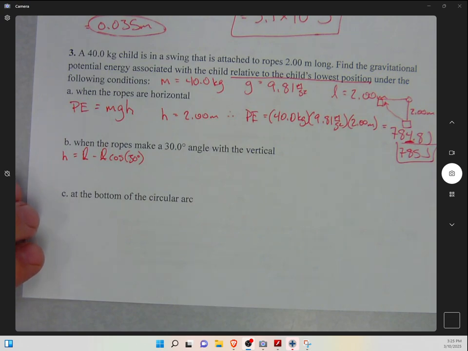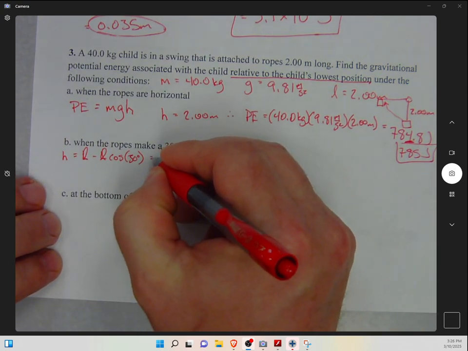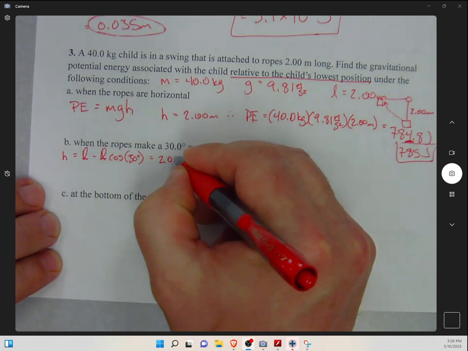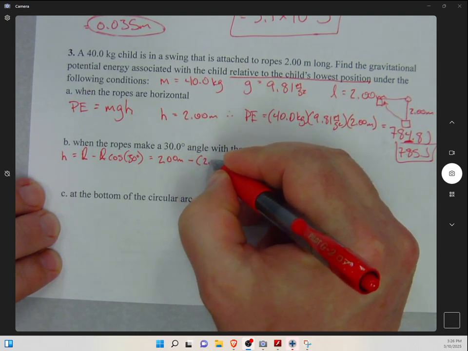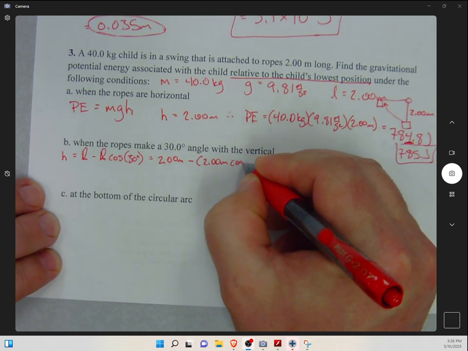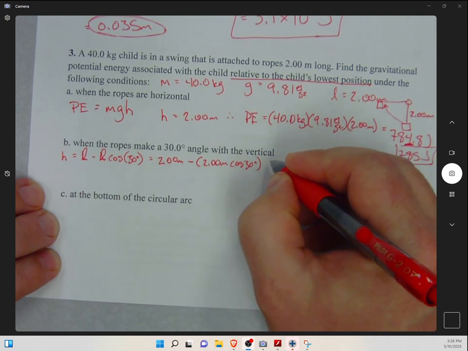So let's get into some of our substitutions. So this is going to end up being 2.00 meters. I'm going to subtract 2 meters cosine 30 degrees.